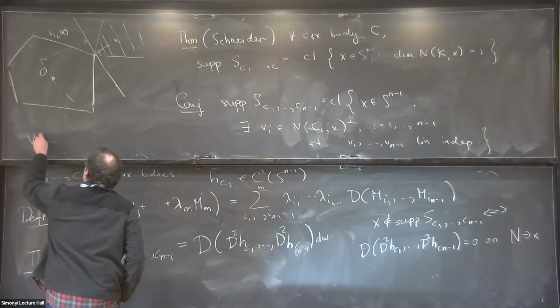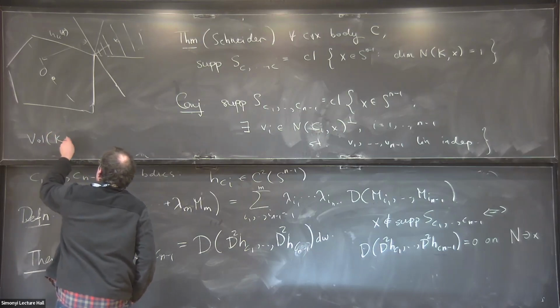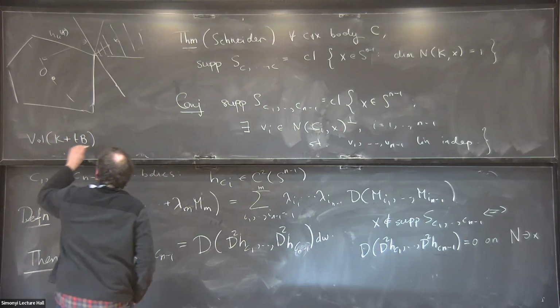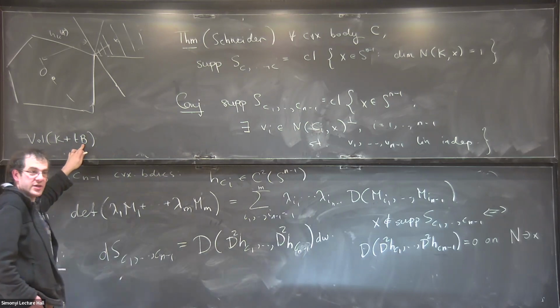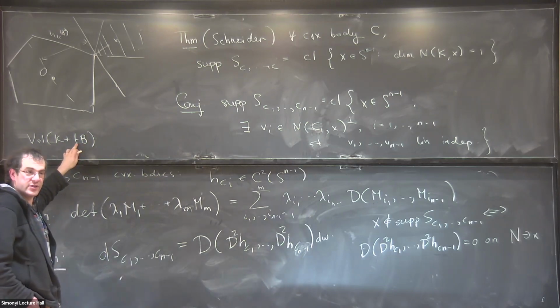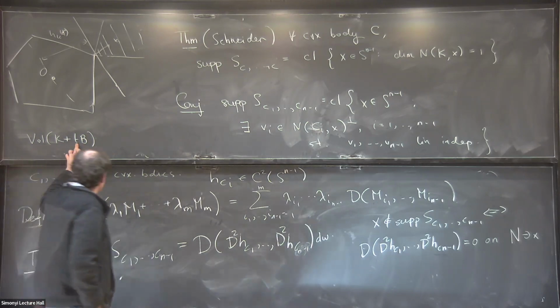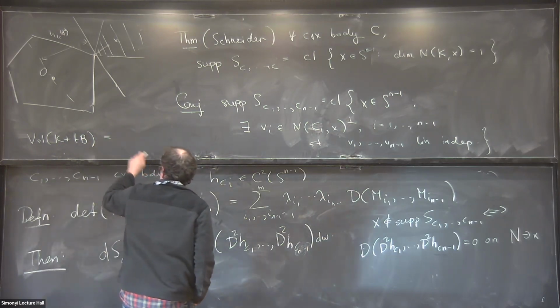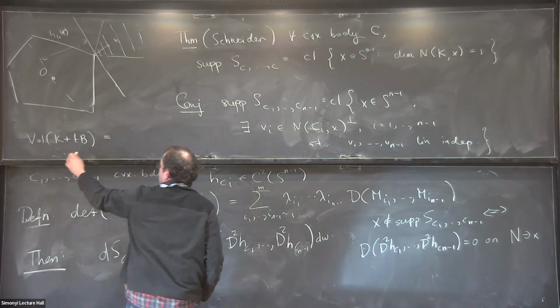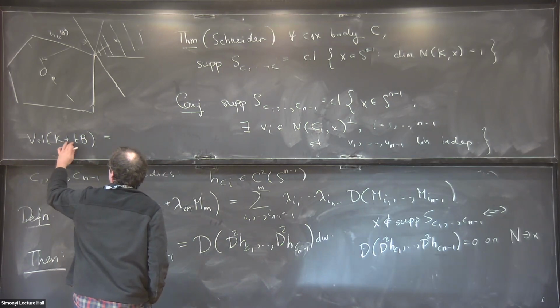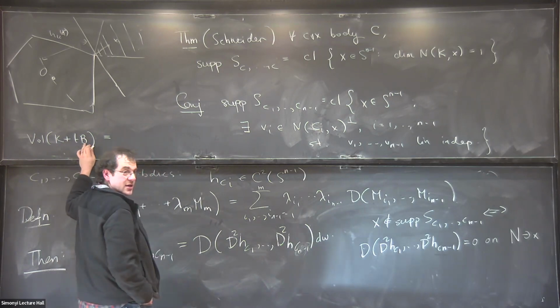If I take a convex body K plus t times the Euclidean ball, that just means I took a tube of radius t, right? Well, we can just write it out, because the volume is the mixed volume of K plus tB, n plus 1 times.